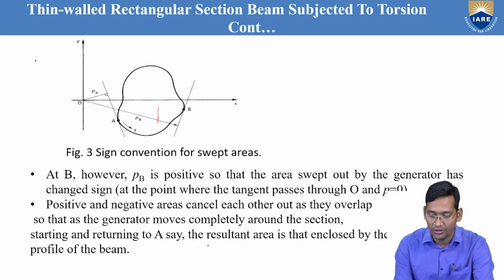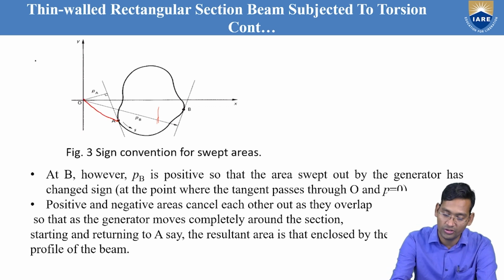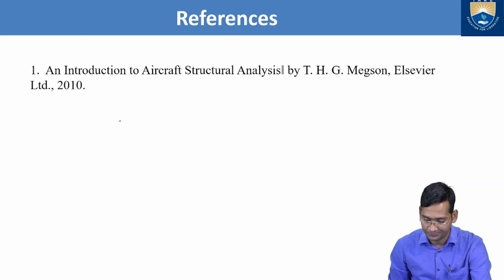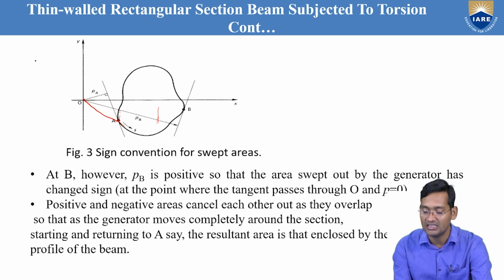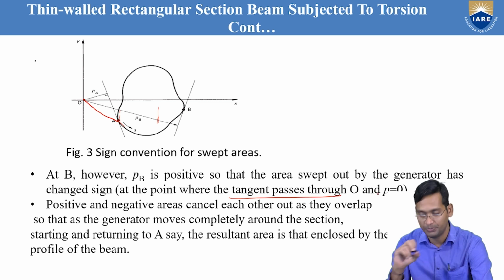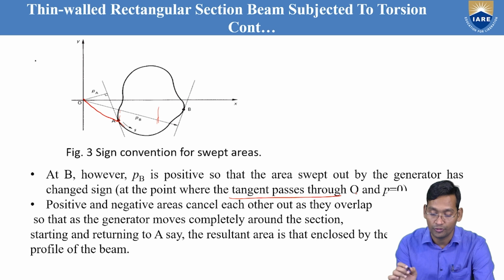So this is our generator, you can say OP. This line is the generator, so through this only this area is generated. The generator has changed sign at the point where the tangent passes through O and p equals 0. So at the point, just here, the tangent passes through O. So where is O?